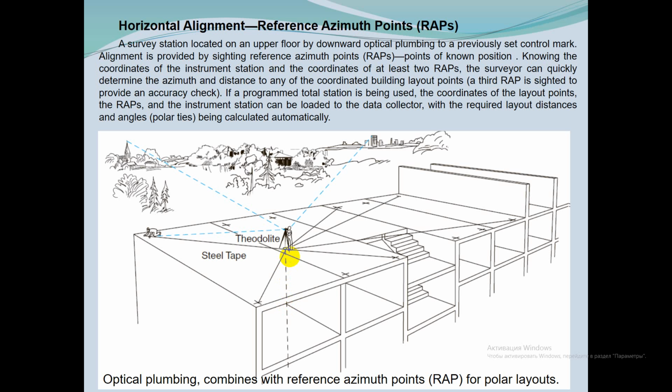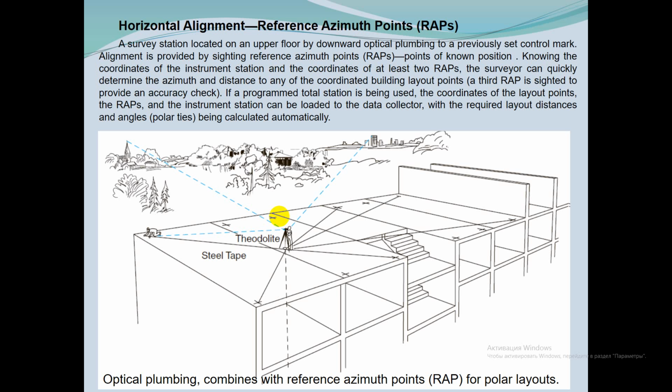Knowing the coordinates of the instrument station and of at least two reference azimuth points, the surveyor can quickly determine the azimuth and distance to any coordinated building layout point. A third reference azimuth point is sighted to provide an accuracy check.